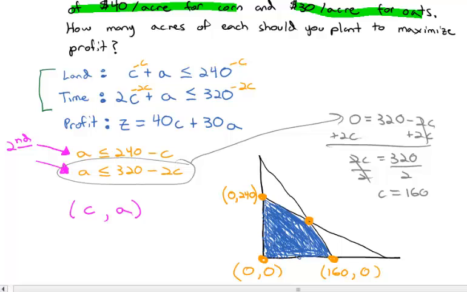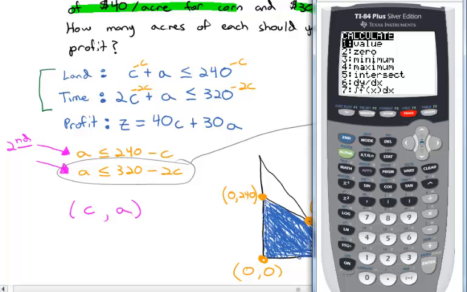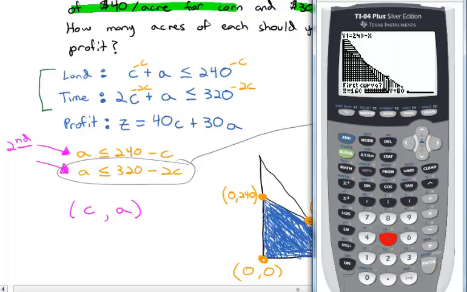The only one we need to do a little bit of work for is this one in the top right. And we're going to have the calculator do the hard work for us by hitting second, trace, which gives us the calculate menu. Number 5 is to find the intersection. Gives me a blinking dot on the line. We're going to scroll over until we get in the ballpark of the intersection.